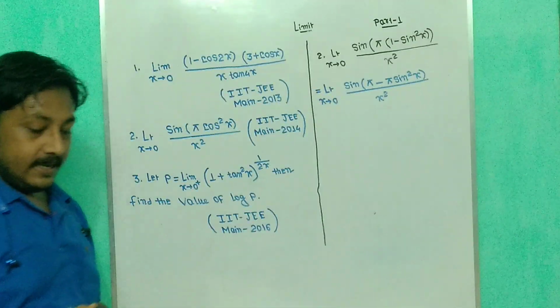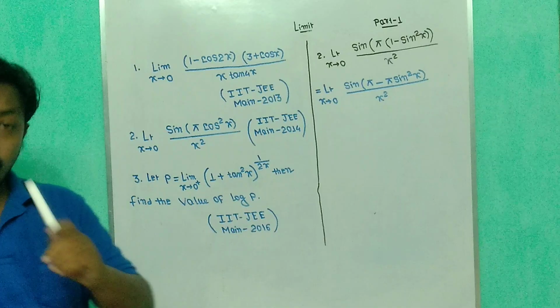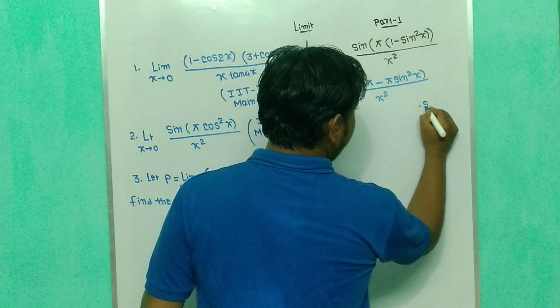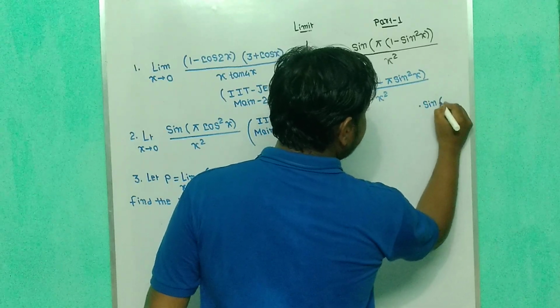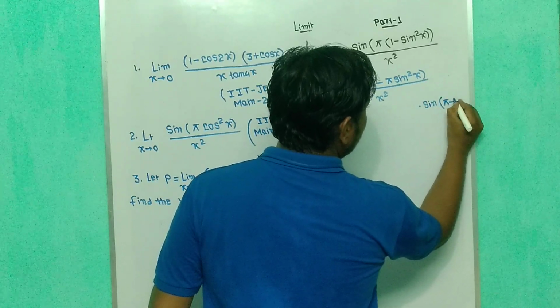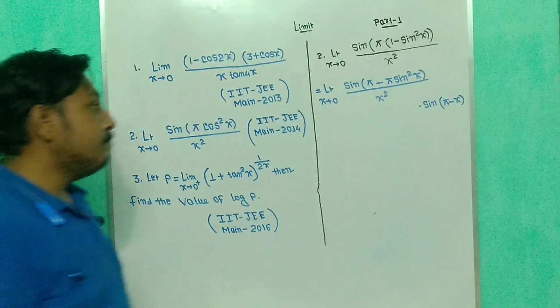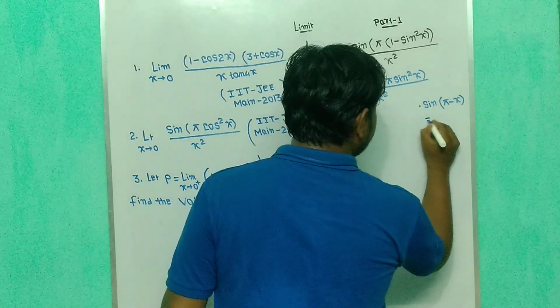Clear? Okay. We all know one formula, that is sine (pi minus x) equals to sine x.